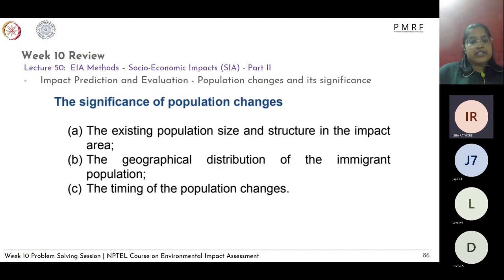So the significance of population changes is to look at the existing population size and structure in the impact area, the geographical distribution of the immigrating population, and the timing of the population change, whether it will be for the project duration itself or whether they will settle after the project is completed.